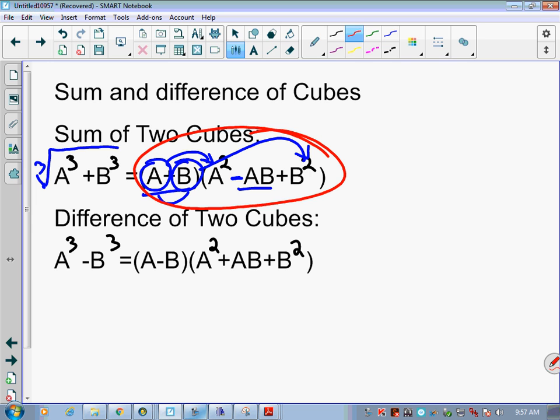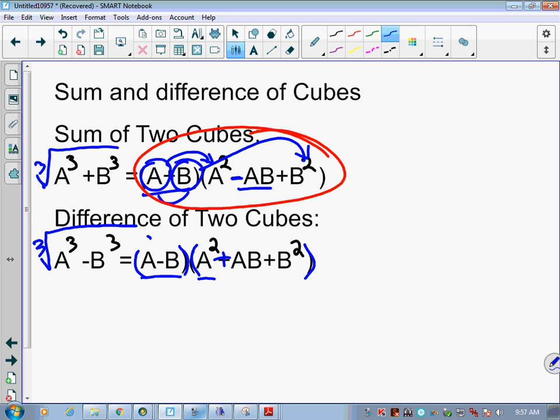The difference of two cubes does exactly the same thing. That means if I have, say, 64x cubed minus 27, two things that can be cube rooted, I'm going to find the cube root of those two things, and I'm going to get a minus b. That's the first part of the answer. To find the second part, which will always be in this form, I'm going to take a and square it and put it there, plus, and this will always be a plus.